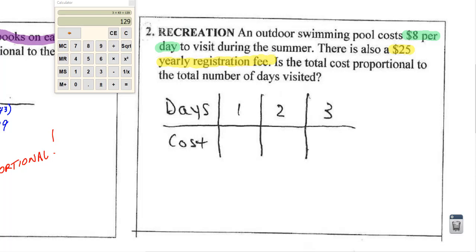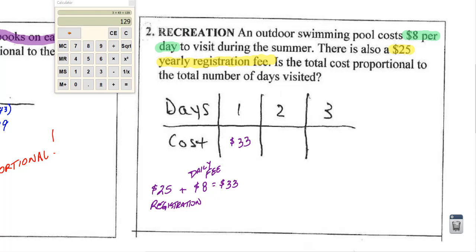So if I go use the pool for one day, I have to pay $25, that's the registration, plus I pay $8, that's the daily fee. If I went and used the pool one time during the summer, I would pay a total of $33. That's what it would cost me if I signed up for the pool and only went one time.